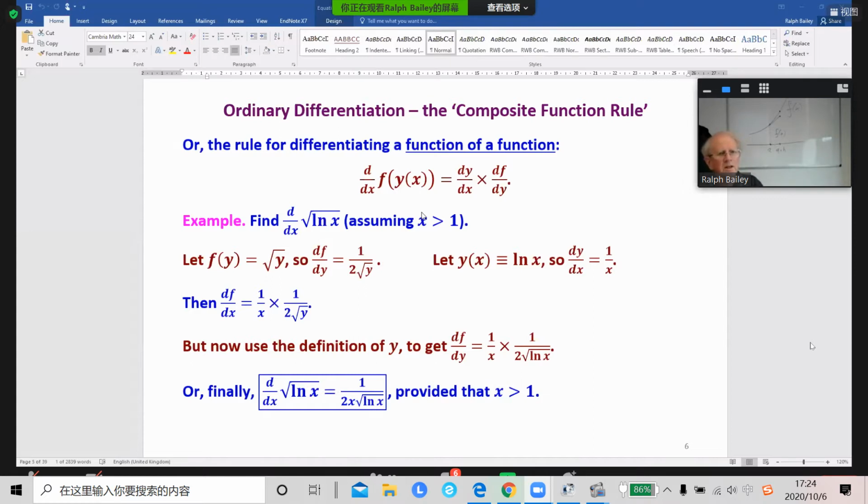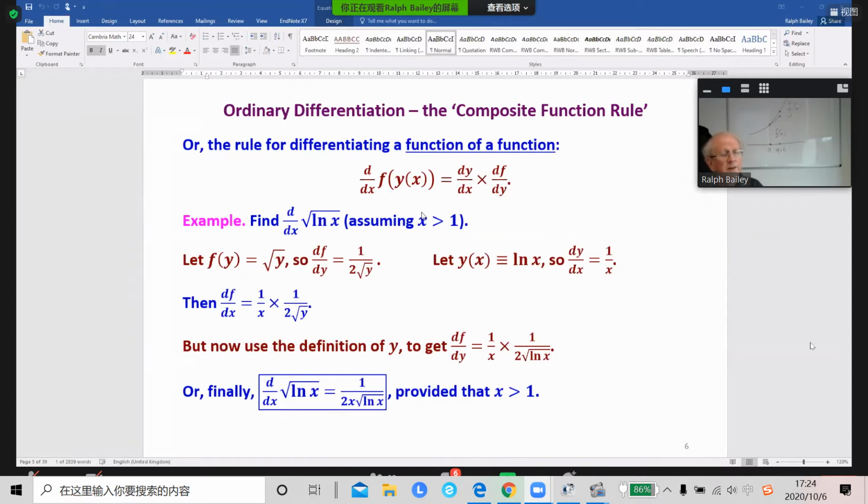So a function of a function is something unpleasant looking like the square root of log of x. And clearly student Q's been helping me write these notes because they've said, well, that's only going to make sense if log of x is non-negative or positive.